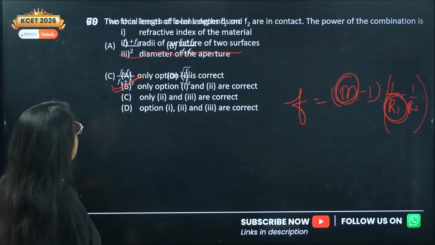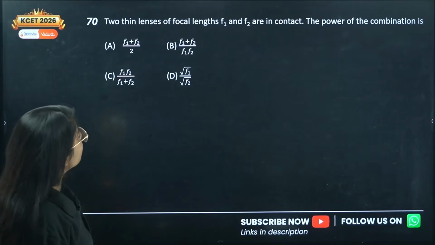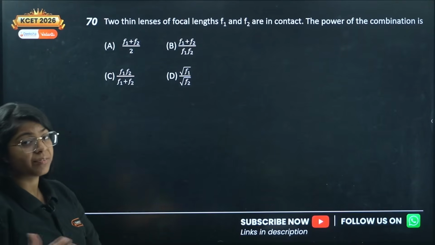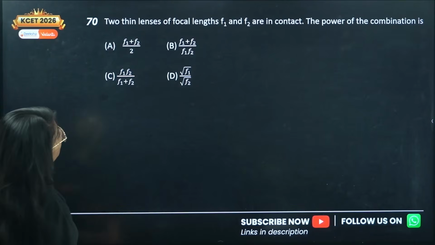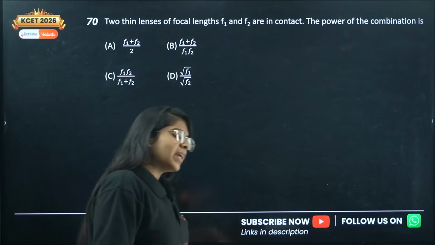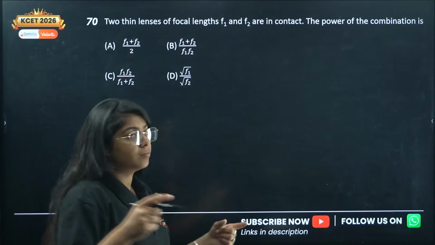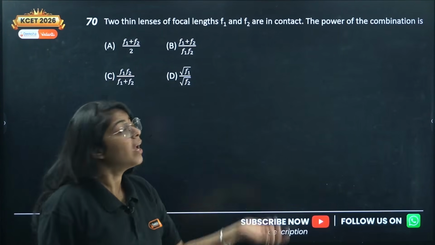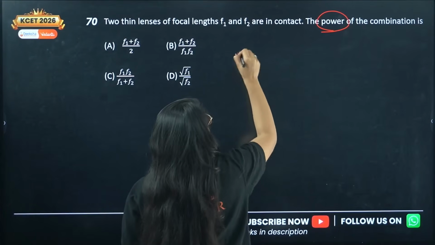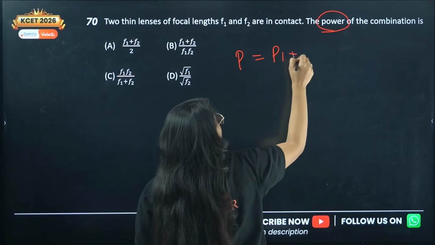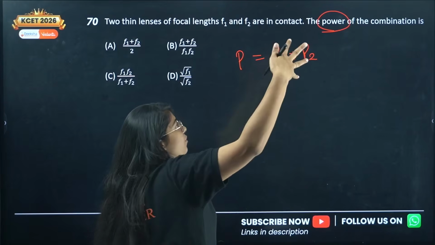Correct? Okay. 70th question. Two thin lenses of focal length f1 and f2 are in contact. The power of the combination is? Now, even if you don't want to solve it, but of course you have to solve it, remember they have asked power. For power, we know we just simply add for the combination of two lenses.